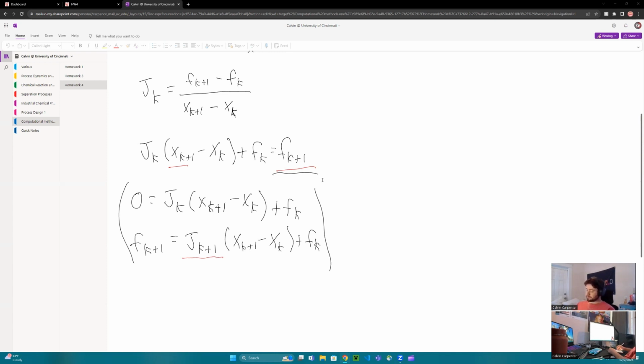So we're going to be left with f of k plus 1 equals j of k plus 1 minus j of k, and then x of k plus 1 minus x of k.